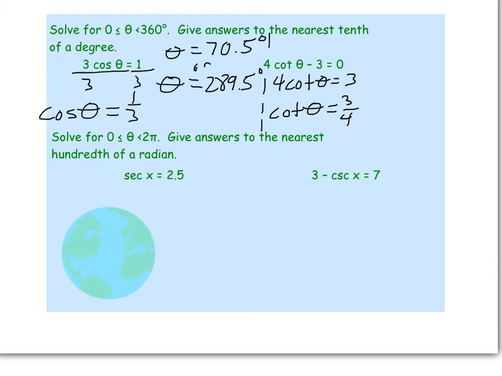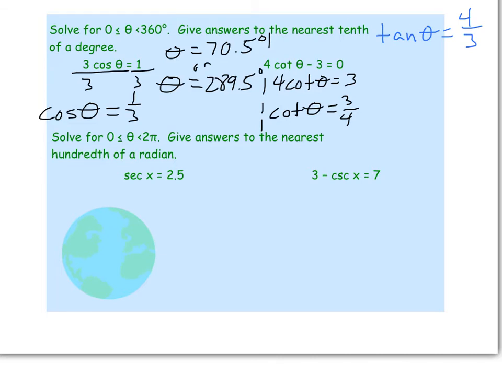Now, this is the point where we said go to your calculator and do the inverse. Well, the issue here is that there is no inverse button for cotangent. We just have an inverse feature for sine, cosine, and tangent. Not a big deal. If we use a reciprocal function, we could switch this to tangent because there is an inverse tangent button, as long as we flip that ratio from 3/4 over to 4/3. Okay.